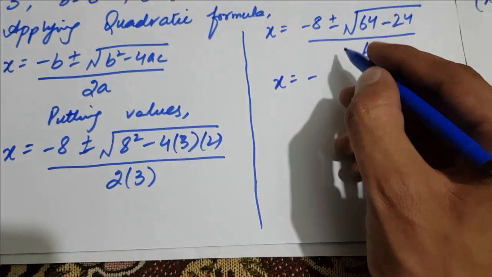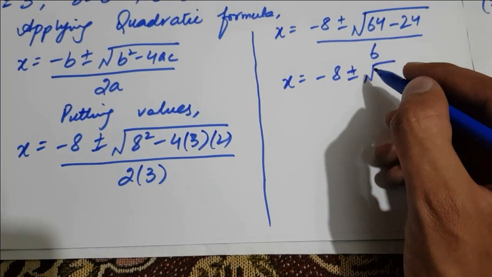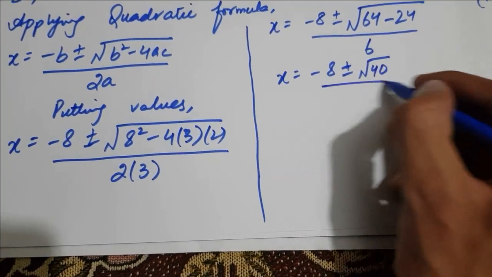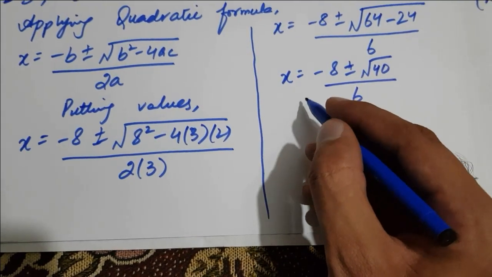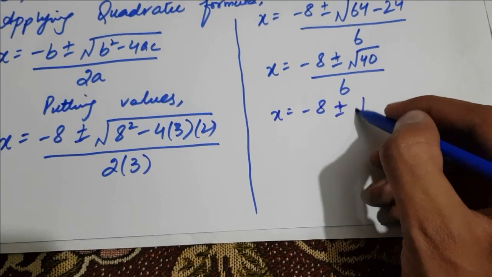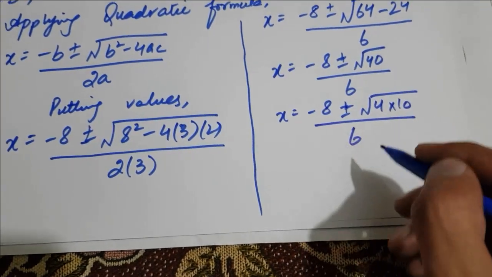So solving it, we get x equals minus 8 plus minus square root of 40 over 6. Or simply we can say x equals minus 8 plus minus square root of 4 times 10 over 6.